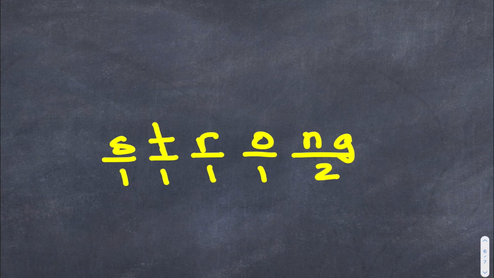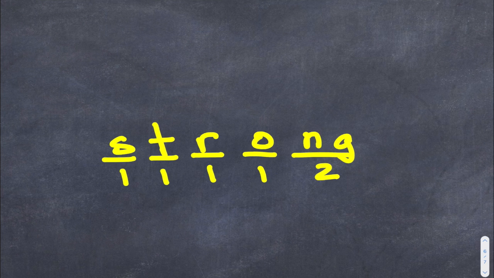Now, the reason why we need to know the word ng is because we're very used to saying ing, right? A lot of us have learned that. But ing isn't the only way that ng is utilized.